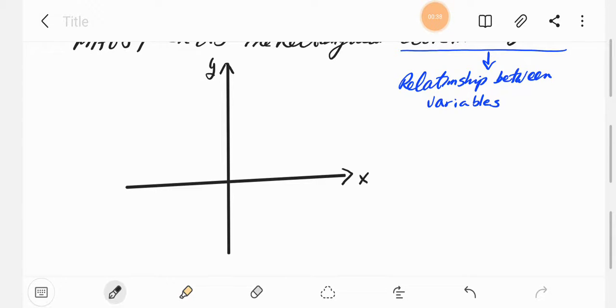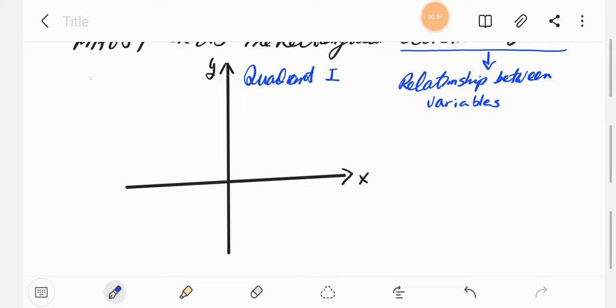So there are two number lines. One is horizontal, one is vertical. Then these two number lines separate the plane, the flat surface, into four parts. We call the first part, the upper right corner, quadrant 1.